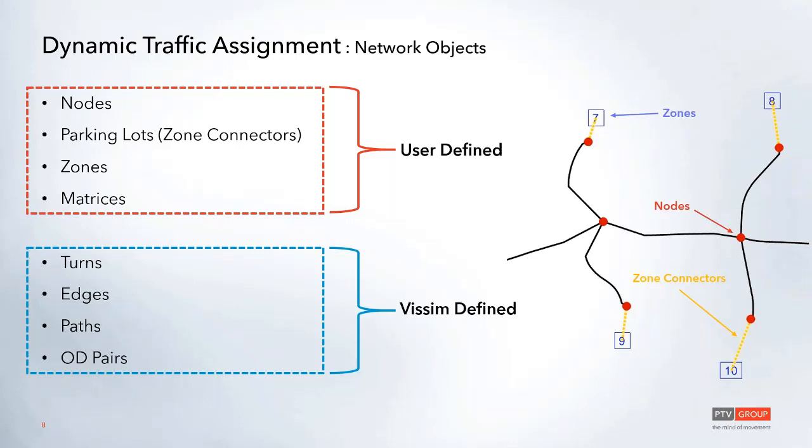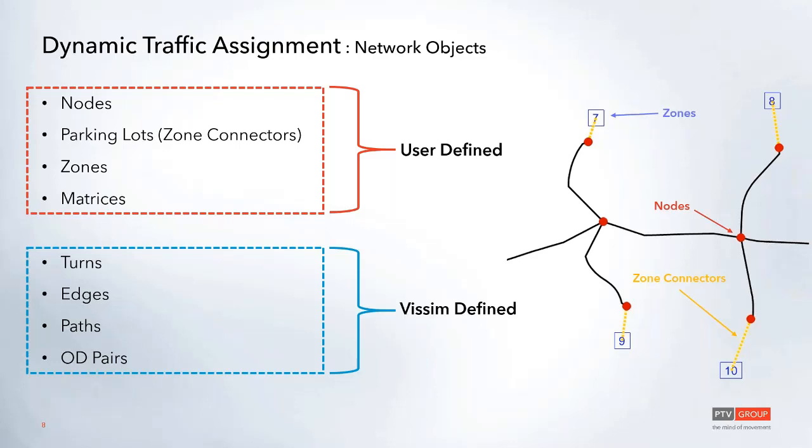Once those have all been set up on the user side, on the Vissim side, the first object it will automatically generate will be turns within the nodes themselves. So this will be like the northbound left, northbound through, northbound right, etc. And then edges will get defined as different link sequences that exist between the nodes themselves.